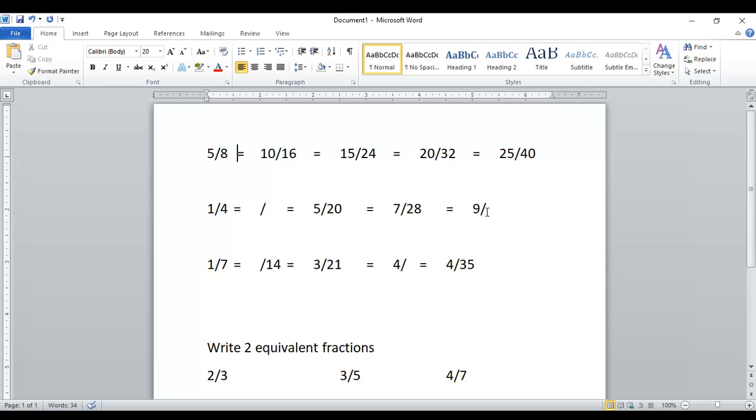So let's look for some patterns with the numerators first. So we have 1 here. We're not sure what goes there. 5, 7, and 9. So if we look at that as a pattern, 1, blank, 5, 7, 9, what do you think goes here?